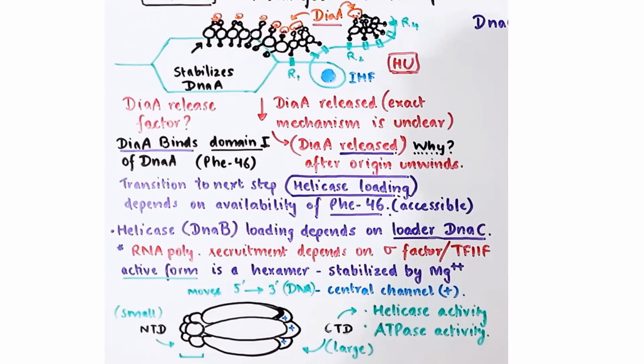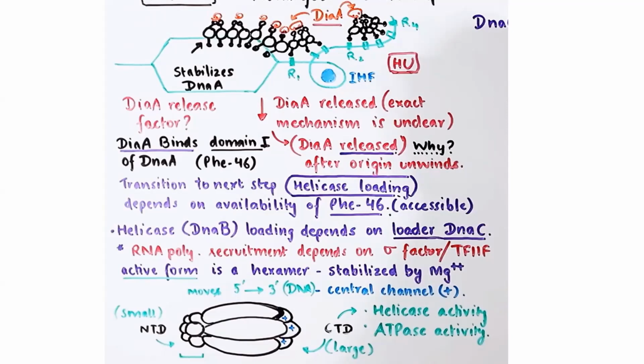Some people actually also say that DNA C is not actually a loader protein, given that it never actually loads. It just increases the frequency of loading at the origin. But for the sake of simplicity, we will stay away from the discussion and call DNA C a loader.